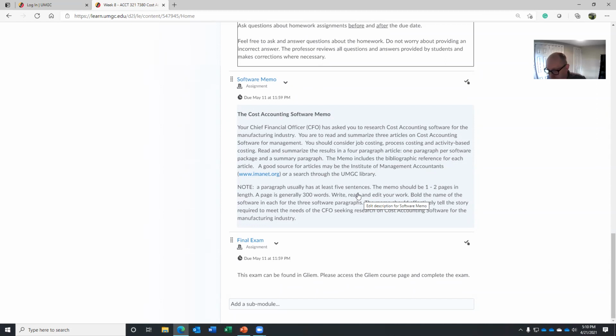Raw materials, work in process, finished goods. If you could find a piece of software that has those elements and write a short 1 to 2 page paper about it, summarizing those items that you found in that software, that's what we're looking for.